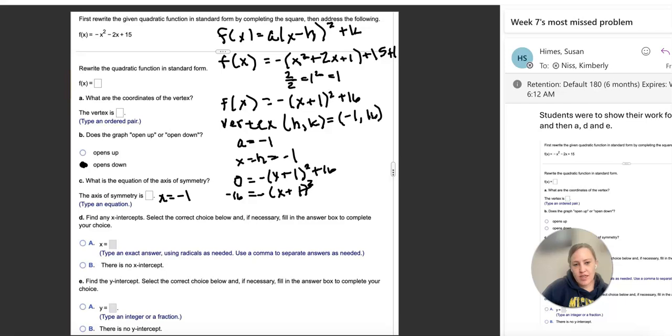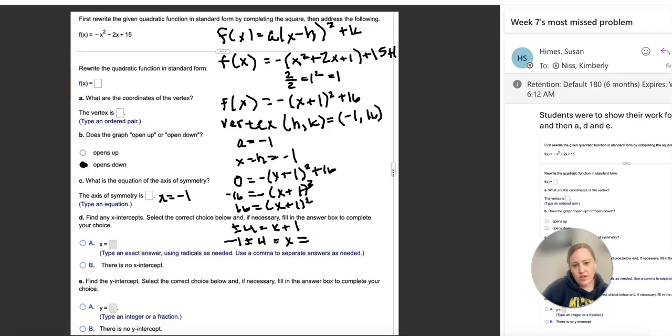Divide both sides by this negative leading coefficient to get 16 equals (x plus 1) squared. Square root both sides to get the square root of 16, which is plus or minus 4, equals x plus 1. Subtract 1 from both sides, so we end up with negative 1 plus or minus 4 equals x.